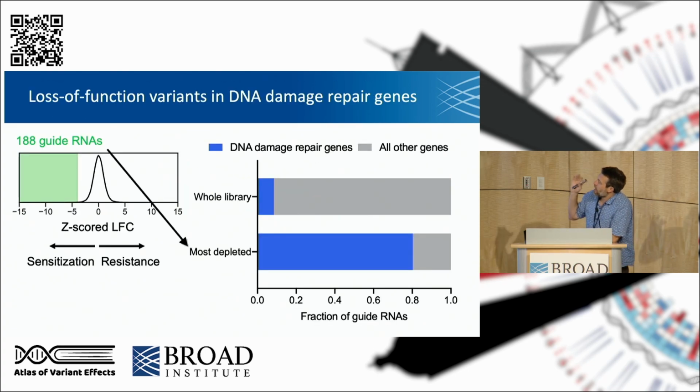In this case, we saw that there were a small number that scored really strongly, and if we just classified by whether the gene is annotated as involved in DNA damage, that represented a tiny fraction of the library, but it actually represented a huge fraction of the hits that scored in the presence of cisplatin, so we felt pretty good about that.